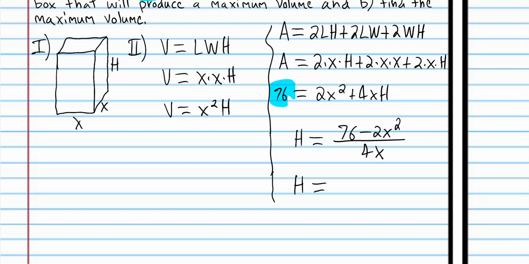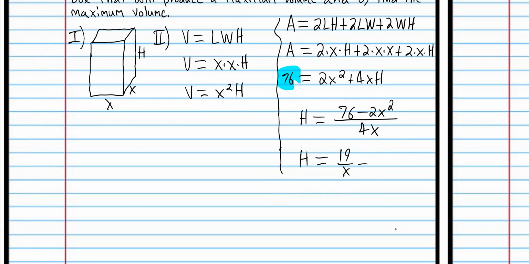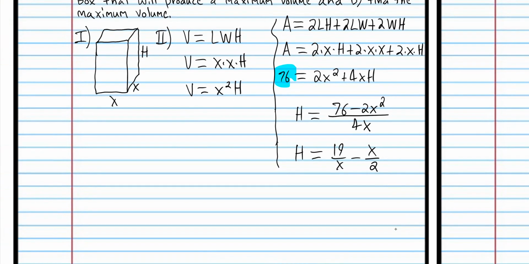And 76 divided by 4 is 19. So it looks like we have 19 over x minus x over 2. So 19 over x minus x over 2.